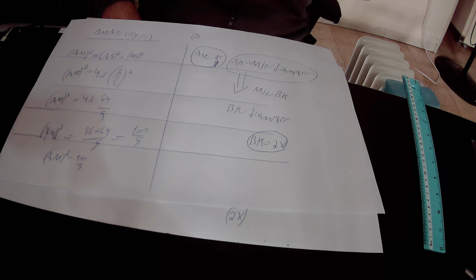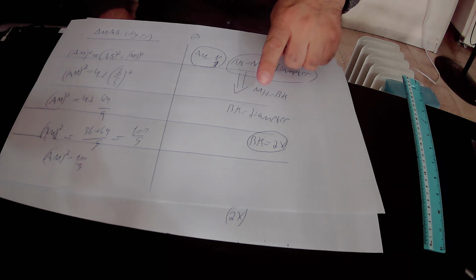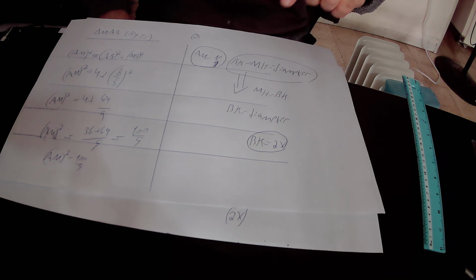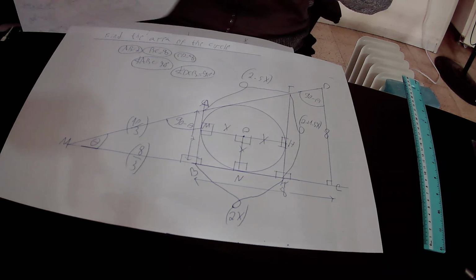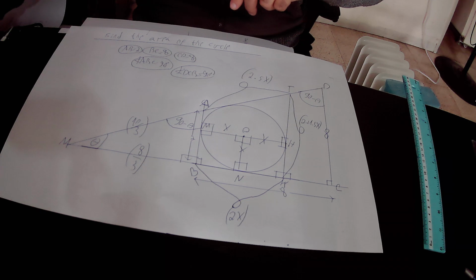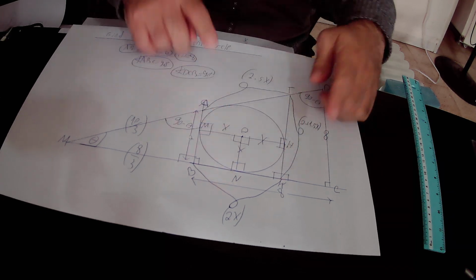The diameter of any circle is twice as long as the radius. The radius is x, therefore the diameter BK equals 2x in its length.